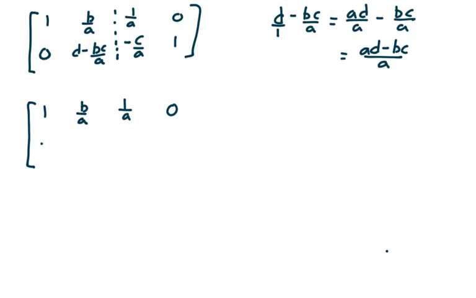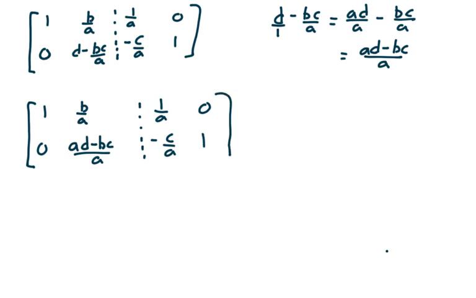And then 0, AD minus BC divided by A. And then I just have to create a little bit of room here. 1 over A, 0 is over here, negative C over A, and 1 is over here. So I didn't do anything different there.